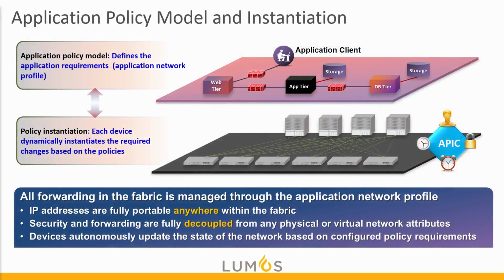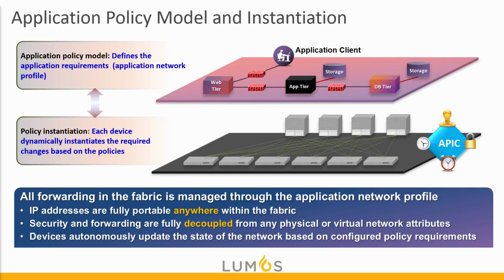So we model our applications and then we instantiate them. We define our application policy model, we define our requirements based on the network profile, and then we instantiate. So what does this mean? When we're ready, we tell the APIC controller to push down. Actually, we tell it when we're building it what kind of deployment to use, whether it's immediate or on demand, and we'll talk a lot more about that later.